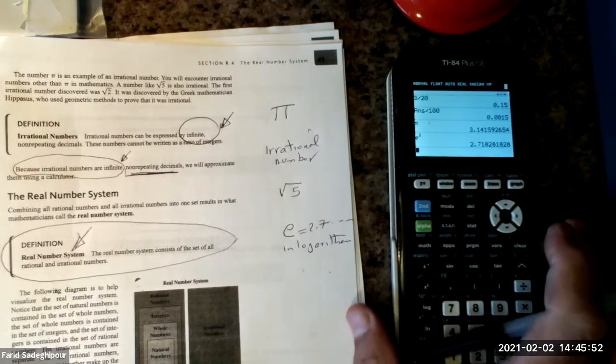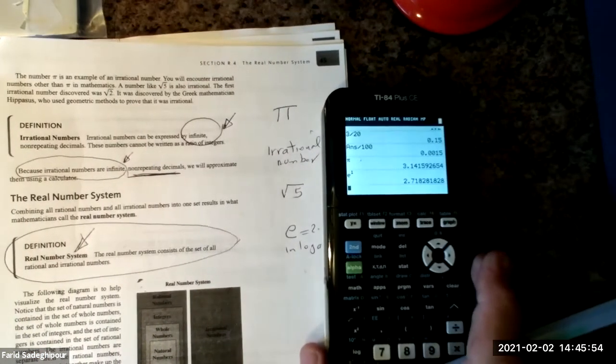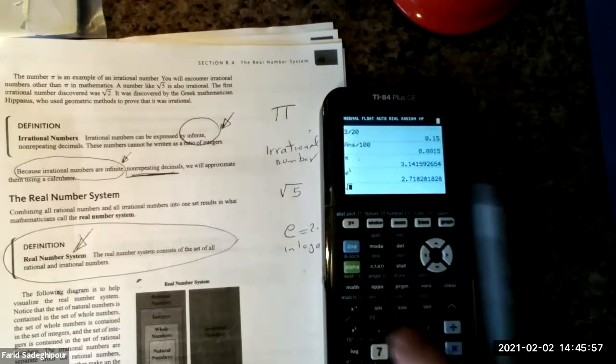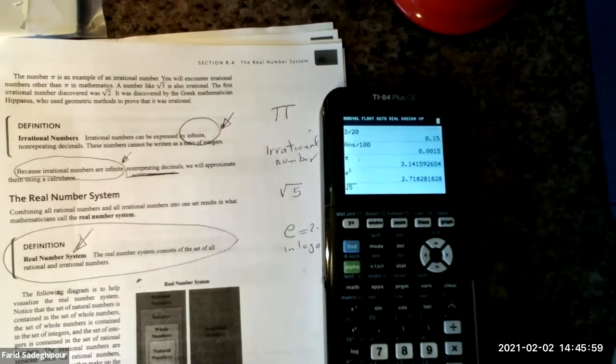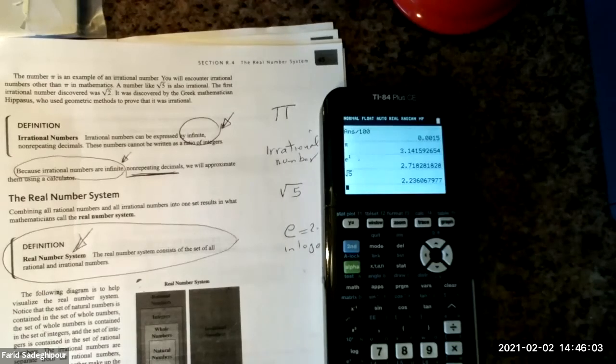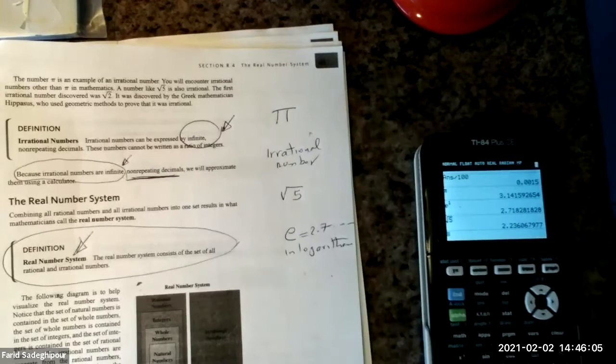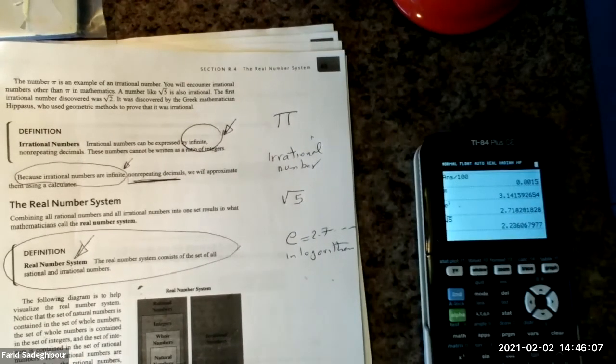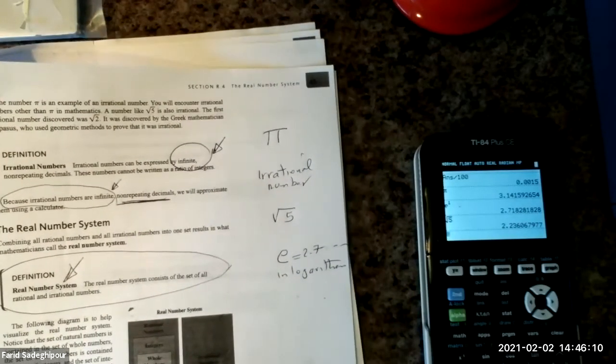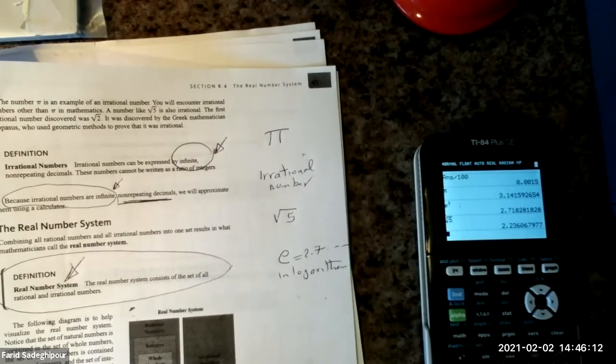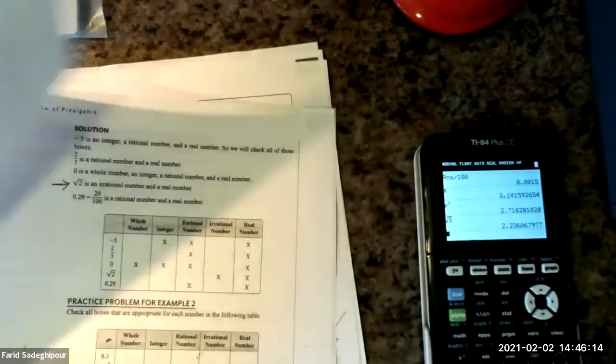And radical 5, see, these are irrational numbers, an infinite decimal comes after. Other than that, the rest of the numbers are all rational.